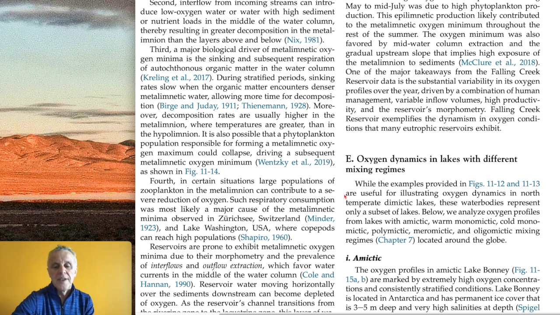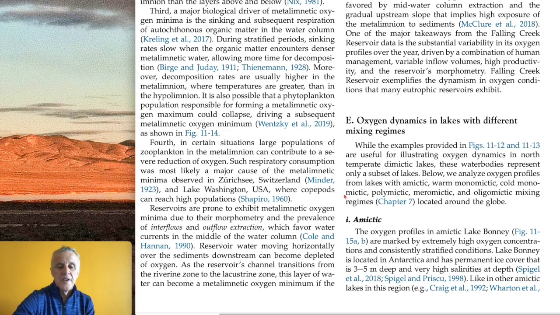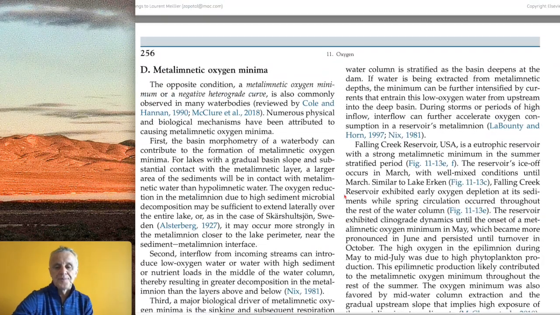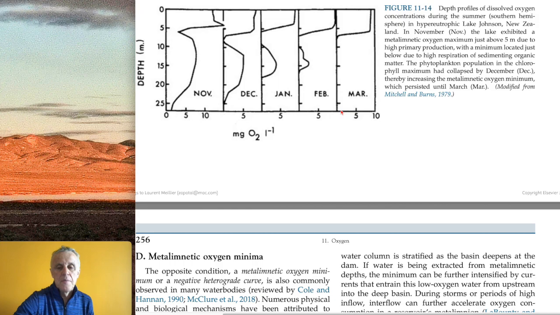It is also possible that a phytoplankton population responsible for forming a metalimnetic oxygen maximum could collapse, driving a subsequent metalimnetic oxygen minimum, as shown in figure 11-14. So I think what they're talking about is this collapse right here of oxygen concentration.